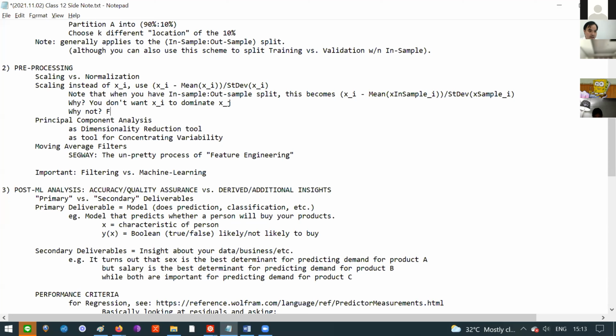Or if their means and standard deviations aren't that different, it's easier to interpret and scale. And also neural networks kind of just like it.